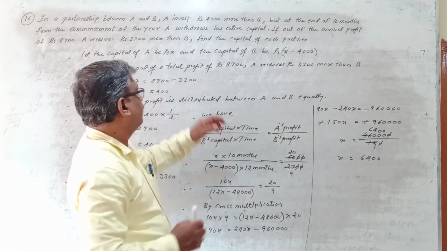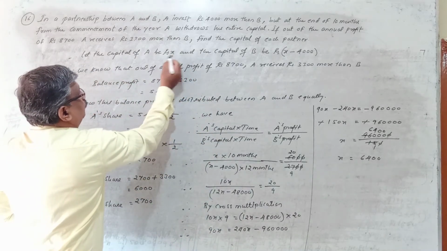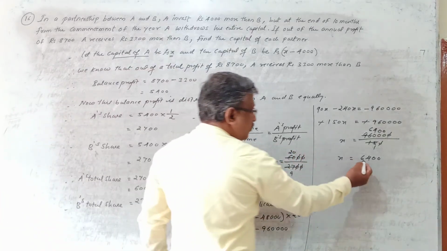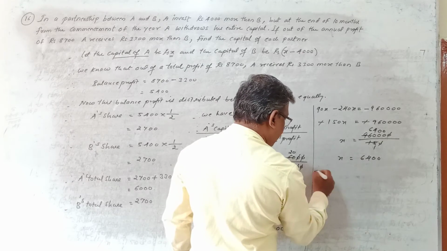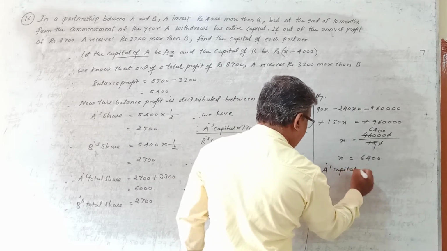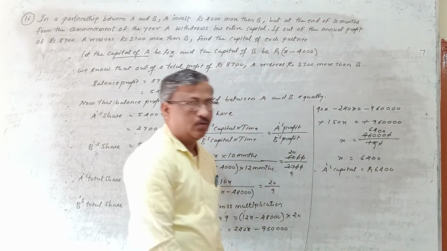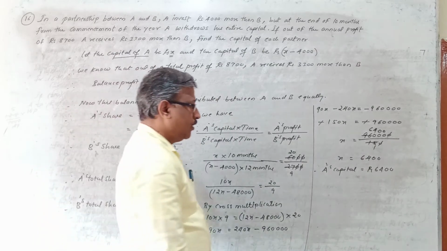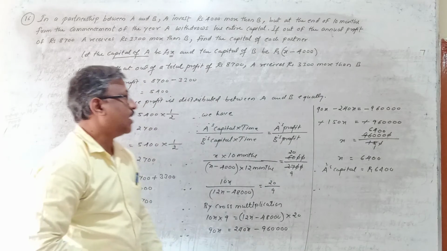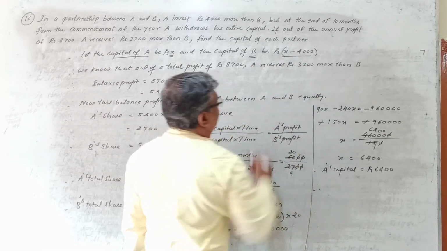X we had assumed as the capital of A. So x is 6,400, and this is A's capital. Therefore A's capital is equal to rupees 6,400. So A's capital is known. Now you can find B's capital very easily, because B's capital is x minus 4,000.